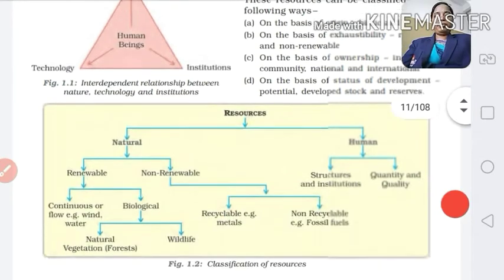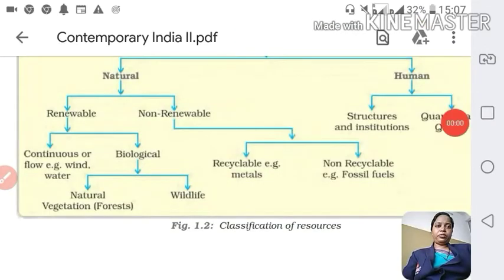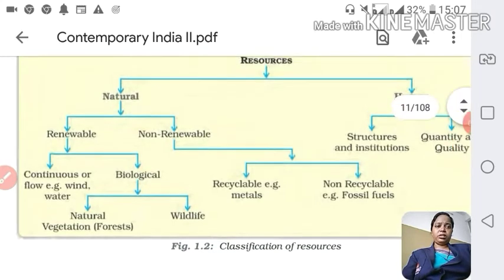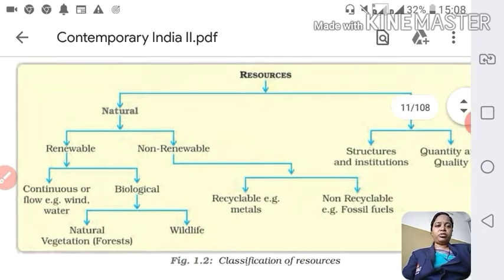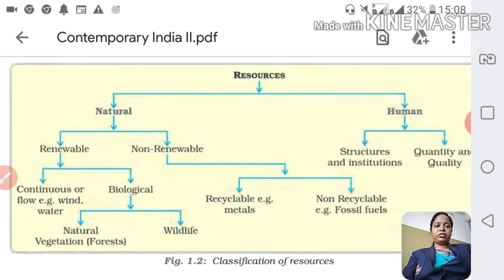their own survival. Okay. So before knowing the classifications of resources, let's have a quick look at figure number 1.2, which is also provided in your book. Okay, just check that one. It is the classification of resources.